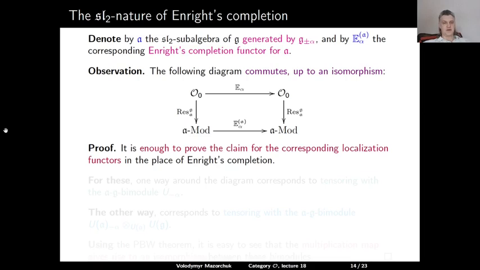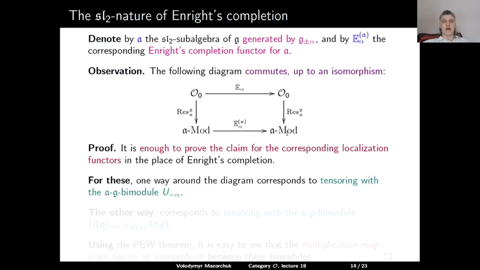For the localization functors, one way around the diagram, this way, corresponds to tensoring with the AG bimodule U minus alpha.